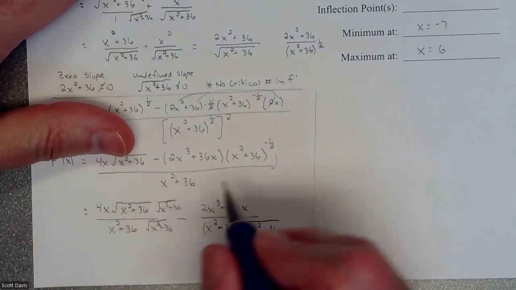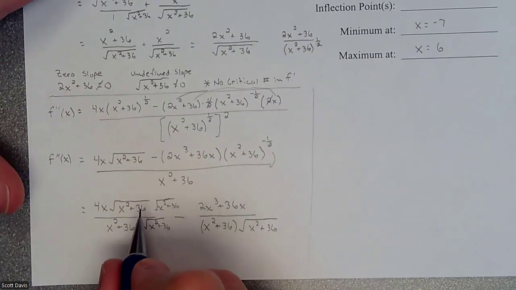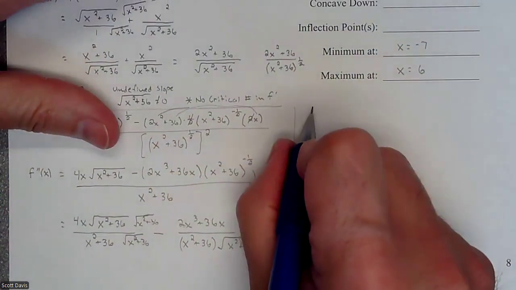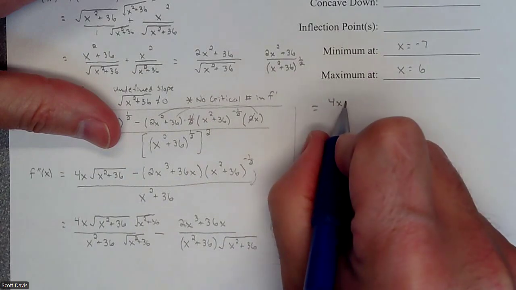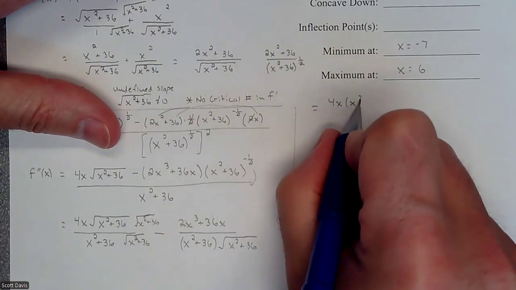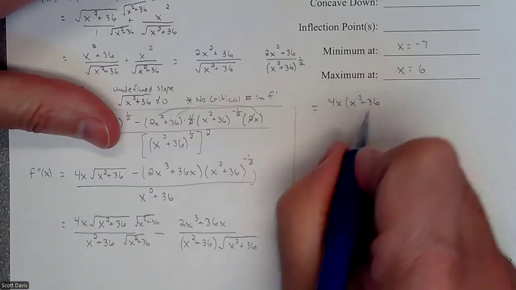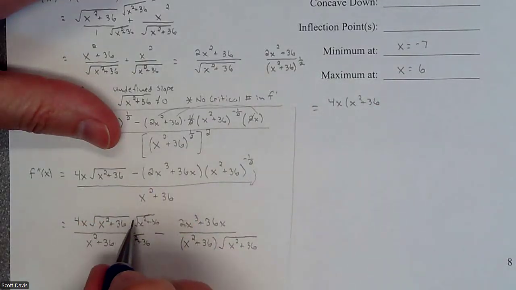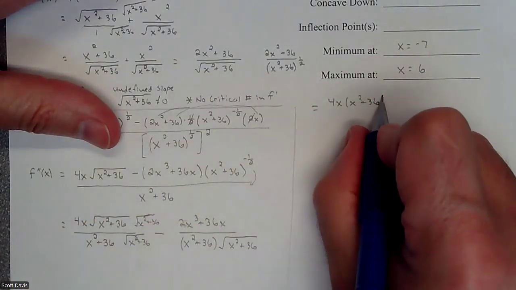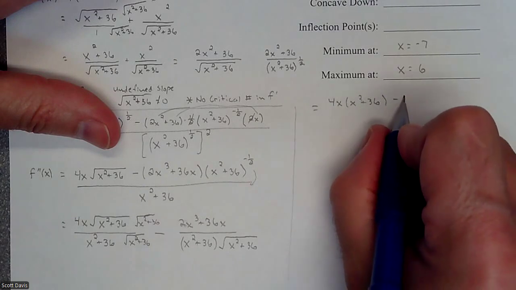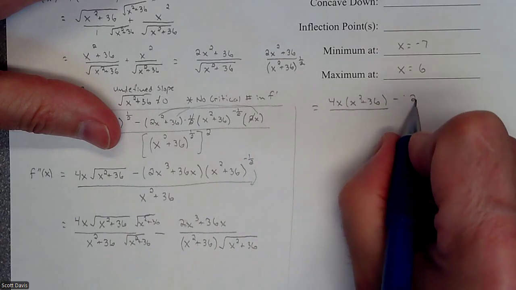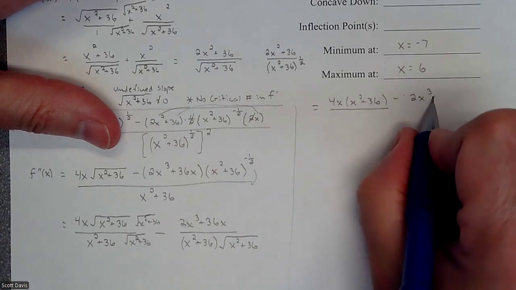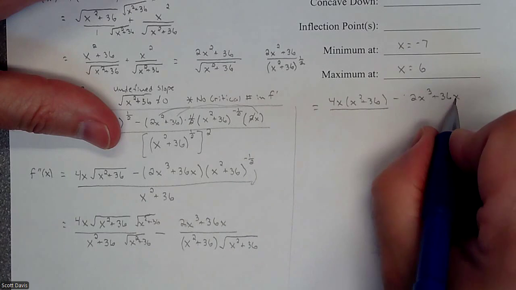That cleans this up. So if I distribute this in, we're looking at a 4x times the x squared plus 36. When I multiply those two together, then minus a 2x cubed plus 36x.